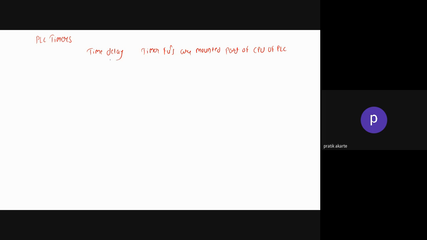With the help of this timer function, it is possible to attain time delays within the range of a few milliseconds to a few hours. So what is the use of this? To attain the time delays. I'll explain what these time delays are.